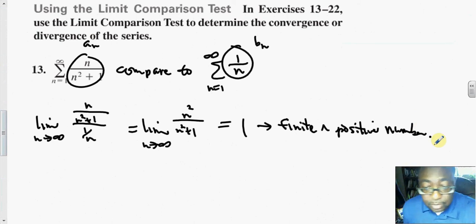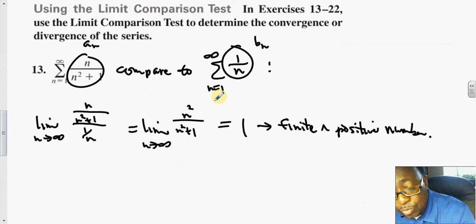So if that be the case, we're comparing this to a known p-series divergent series.